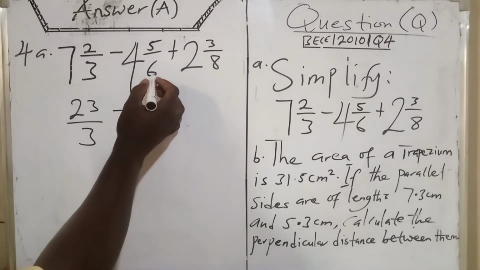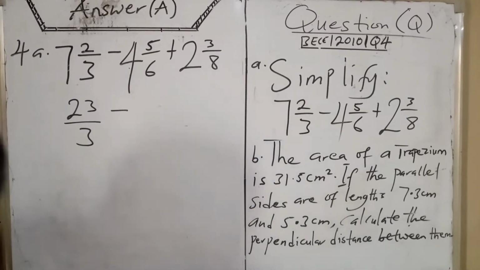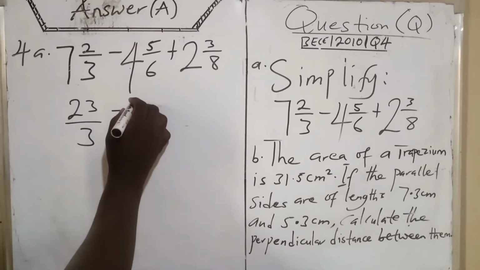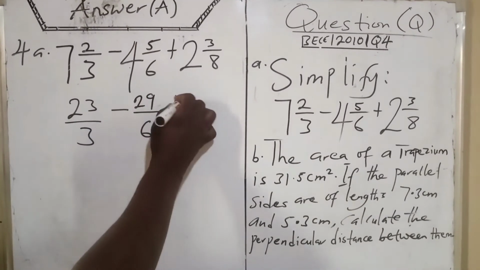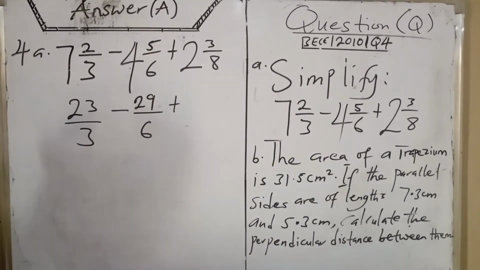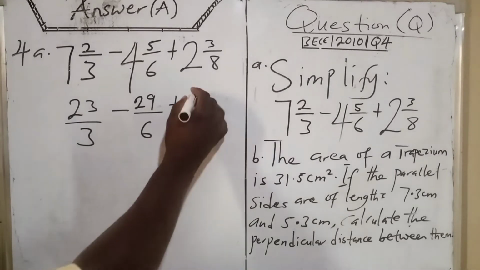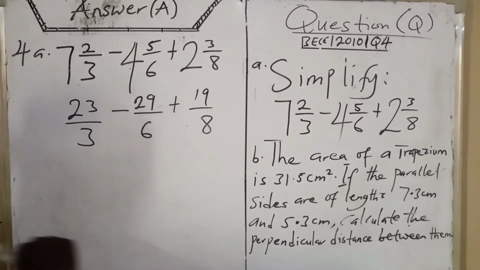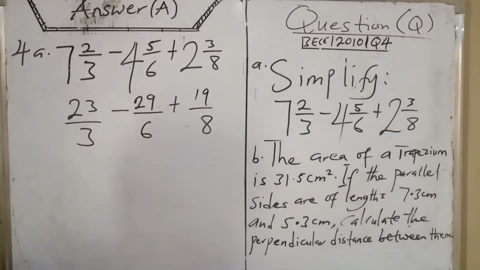Minus 6 multiplied by 4 is 24, plus 5 is 29, so 29 over 6. Plus 8 times 2 is 16, and 16 plus 3 gives us 19 over 8. So that's how we change it into improper fractions.